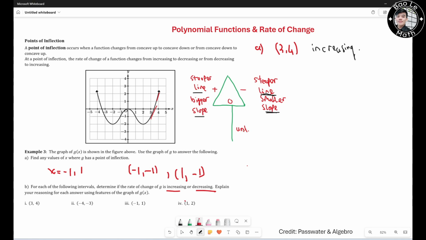Now question B. -4, -3. So -4 and -3 is going to be this one right here. Okay, and you see that the function is concave up, right? And the rate of change is increasing.